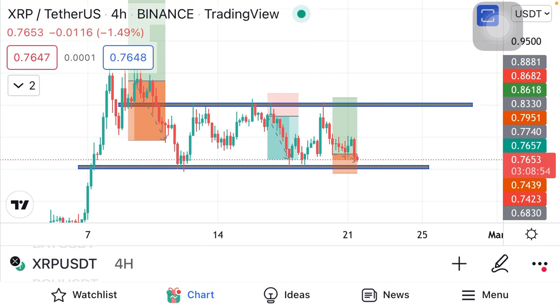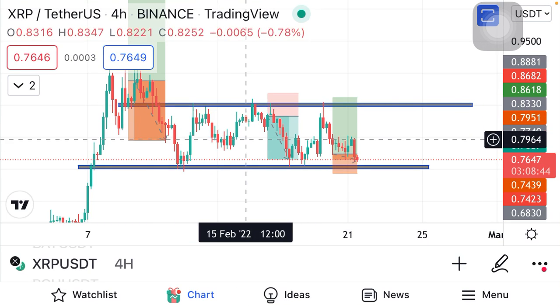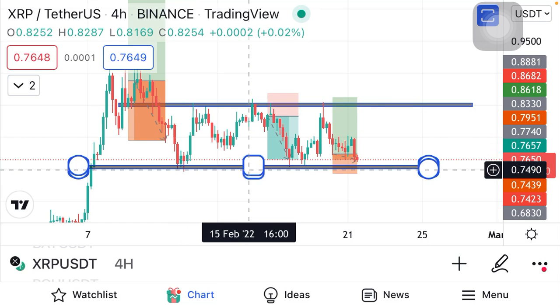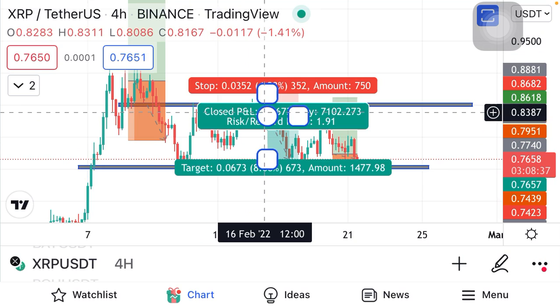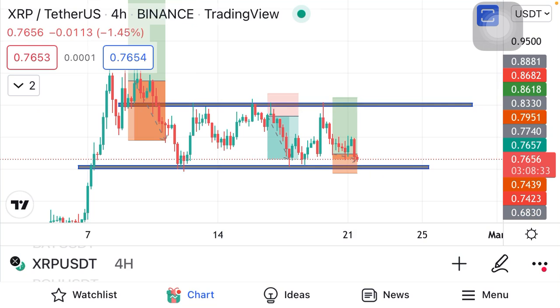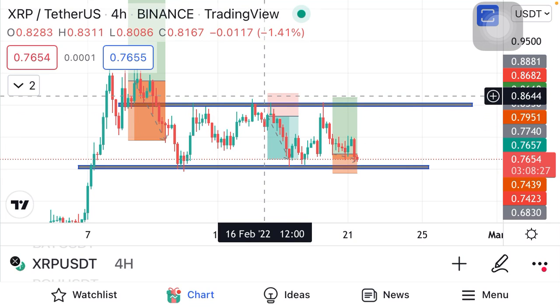So it could go and may not touch the level, and you might miss out on your trade. Look at this particular one over here. You see that from here, the market came down to this level, but it didn't touch the support and went back to the resistance level. Yes, this could happen. And from this particular one, the market came down and then broke out of the level.